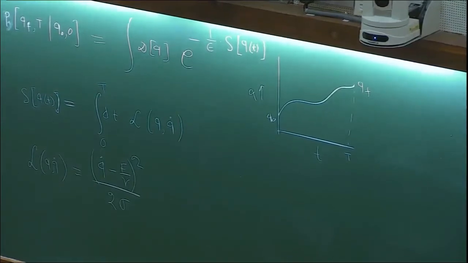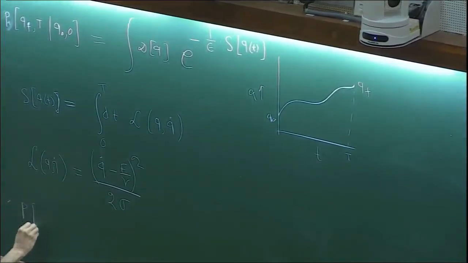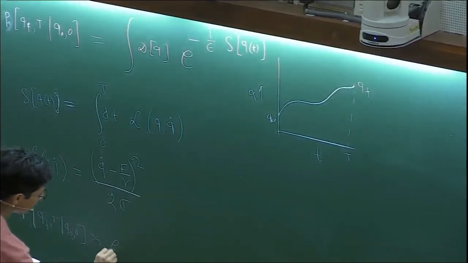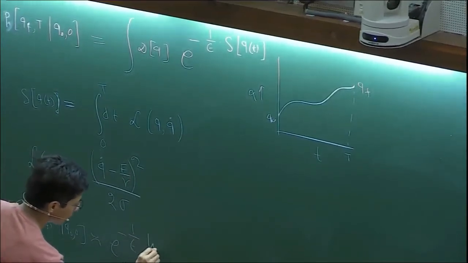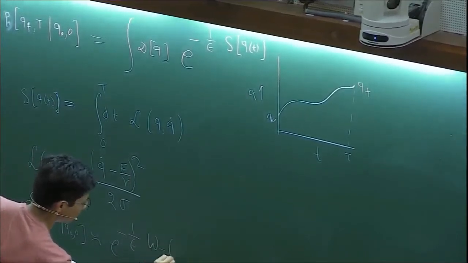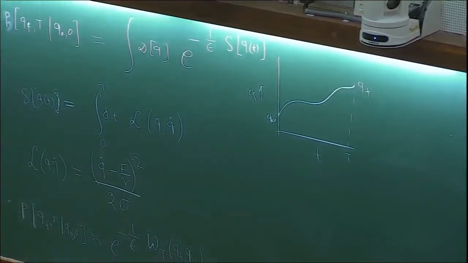Okay? And then I said if I want to look at the large deviation of this probability, that means I want to look at the probability of Qf given Q0, and I wanted to see a large deviation form of this sort. So W of T, Qf, because it's a function of both Qf and Q0.